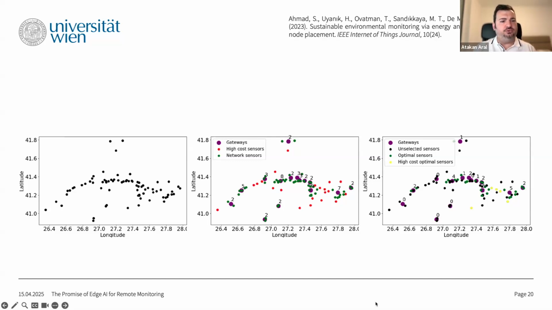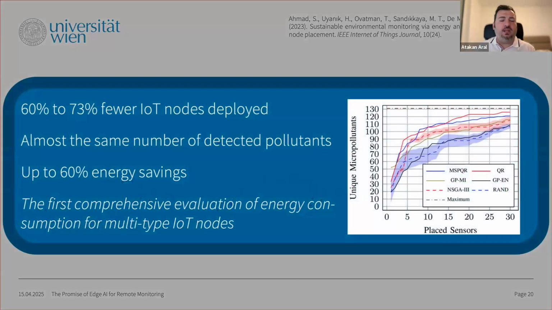And I think we reduced from 75 to around 30 with the same data quality, but with less impact. So we achieved 60 to 73 percent fewer IoT nodes, but the number of detected pollutants and the detection quality remained almost the same. This translated to 60% energy savings, which is a rare resource, as I said, in remote areas.